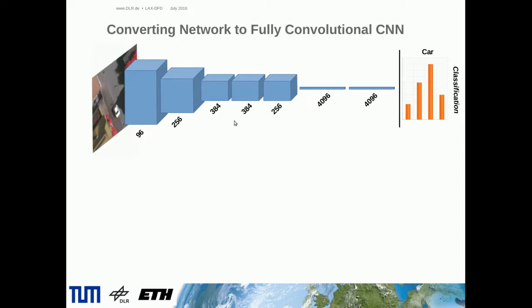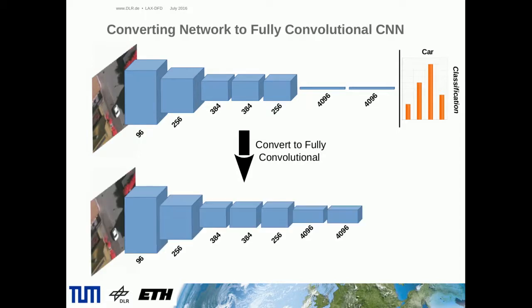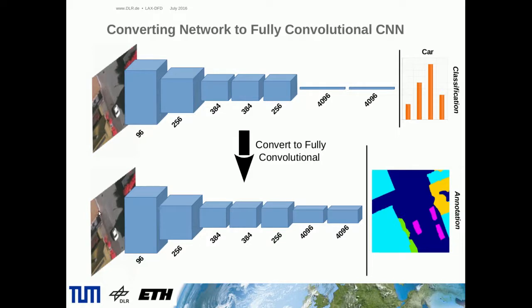But in our case, we're not interested in the classification task, but in the task of semantic segmentation. To do that, we just have to convert the neural network into a fully convolutional one. What this means is that we repurpose these very deep layers. These used to be fully connected, so each component was connected to the next component in a fully connected manner.